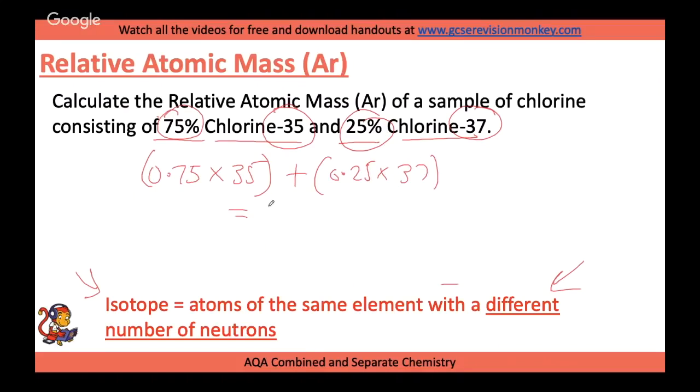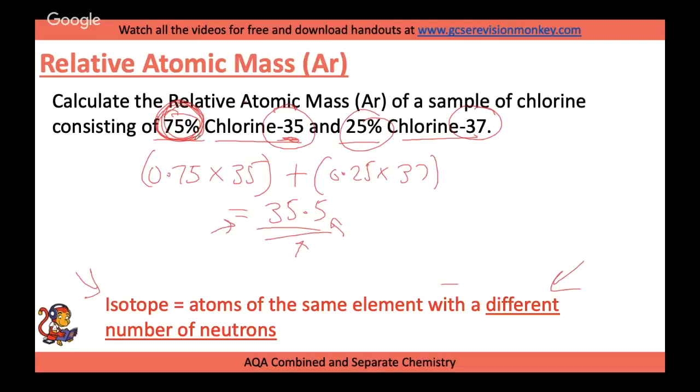And that will give an answer of 35.5. Now, we know that's the right answer because it's going to be an average which lies between 35 and 37. And because there's 75% of 35, it's going to be a lot closer to 35. In the exam, they might give you 3 or 4 isotopes, but you do exactly the same thing.